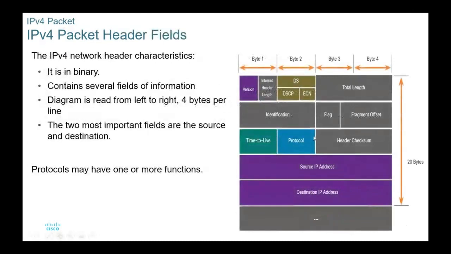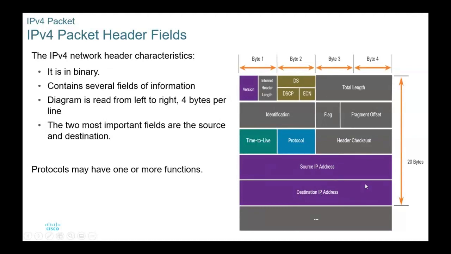So what's in the header? There's a whole heap of information. There's the version, the internet header length, the total length, the identification, the flags, the fragment offset, the time to live, the protocol, the header checksum, and the source and destination IP address. So what's important?